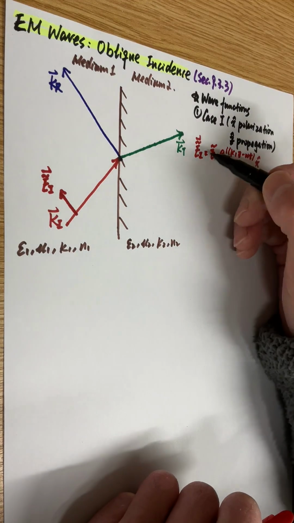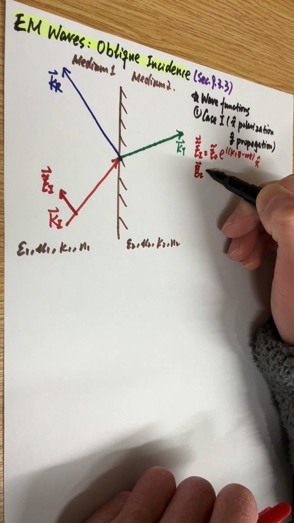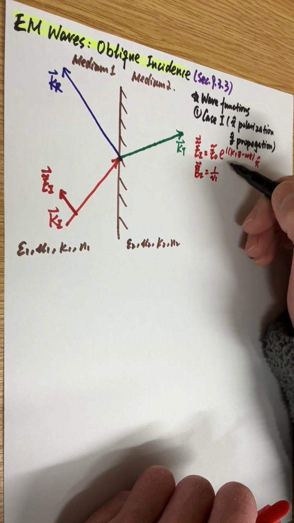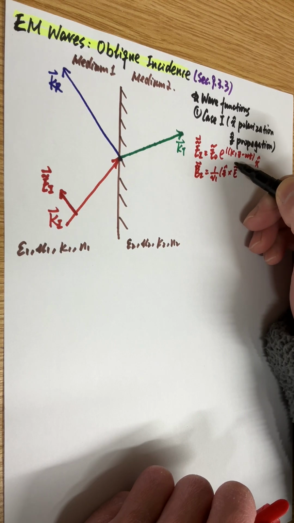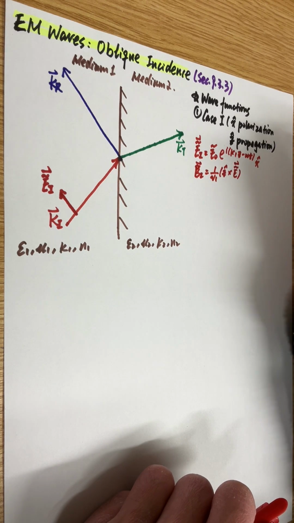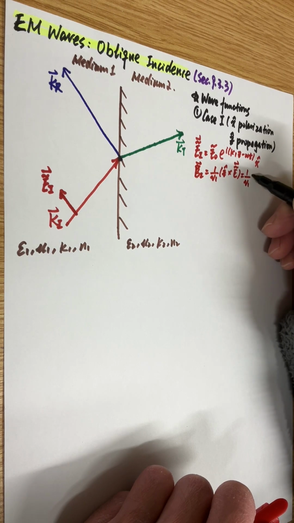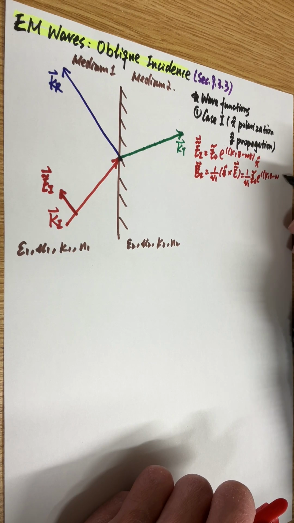So now the B field, we have 1 divided by v1, and then propagation direction cross electric field. So we would have 1 divided by v1, and then the amplitude, and then propagation function, kappa 1 z minus omega t, and then y direction.